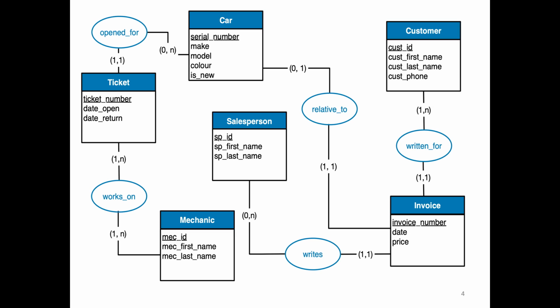Or here also we can directly create this kind of relationship. This is a logical modeling concept, logical data modeling. But in case of relational data modeling, we can do something like this: the salesperson table will have a column called customer ID, which will be the customer to which the salesperson sold that car.